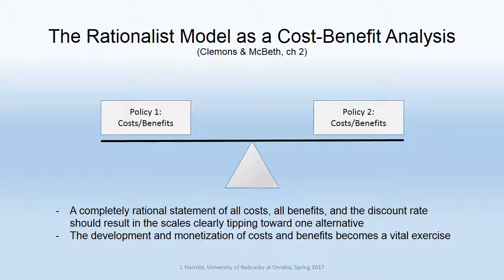How do you monetize a reduction in homelessness for the homeless individuals? And so it becomes a very difficult exercise. And we can't necessarily say that the assignment of costs and benefits themselves is always completely rational, can we? Because there are some value judgments that go into that.